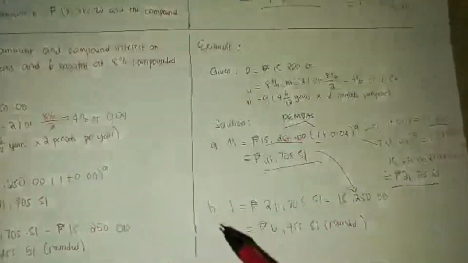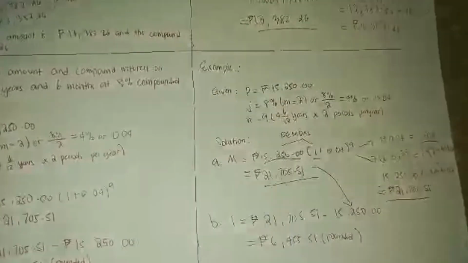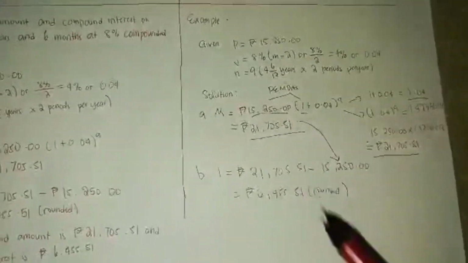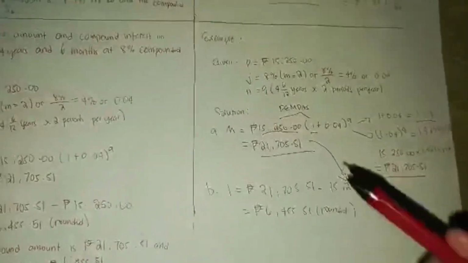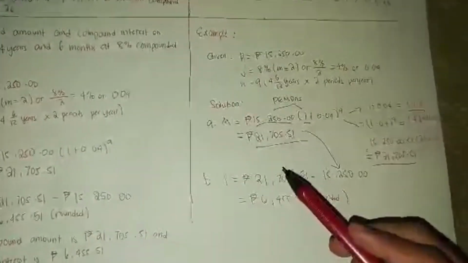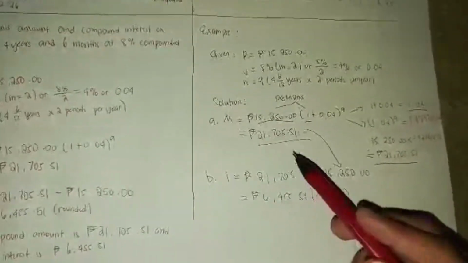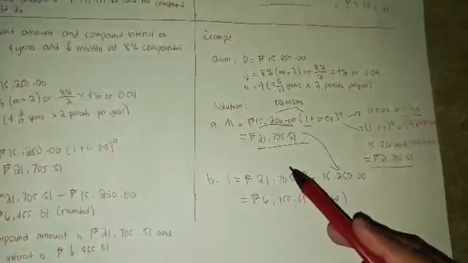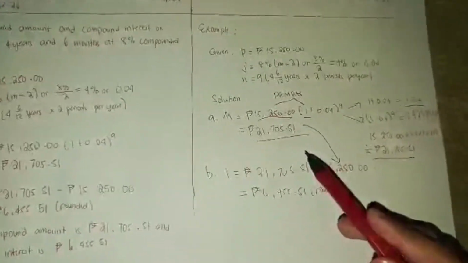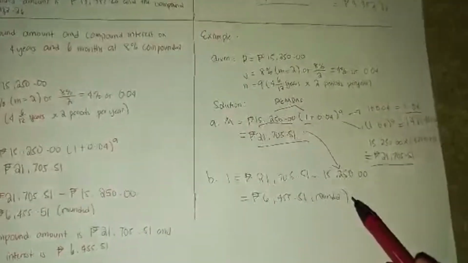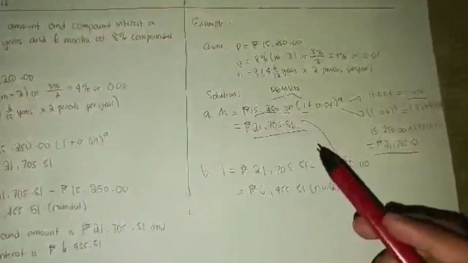Again, in the letter B, you will just simplify the answer of letter M, and this here you will subtract it.